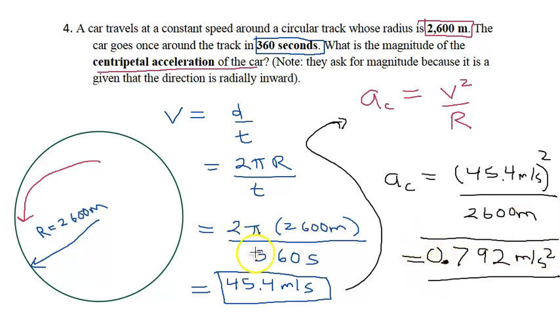And that should make sense, right? Because remember, 1g is 9.8. So that's 1/10 of a g, which makes sense when you're not being flung to the side of the car with a lot of force. All right, so the tricky part there was figuring out the velocity. Hope that one made sense.